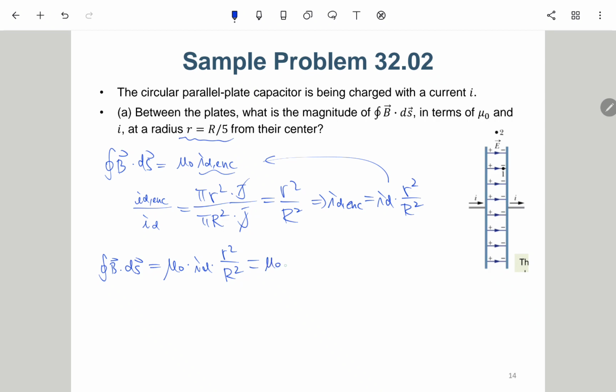So here we have mu naught times I_D times (capital R over 5) quantity square over R square, which is mu naught I_D over 25. This I_D is nothing but I, so we can write it as mu naught I over 25.